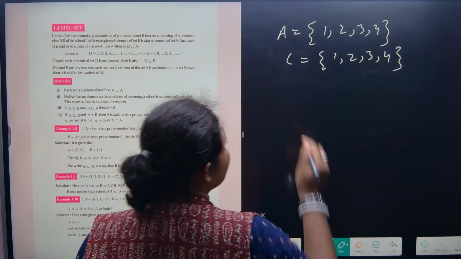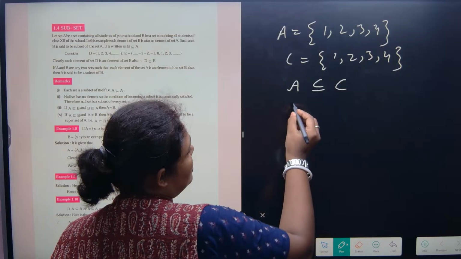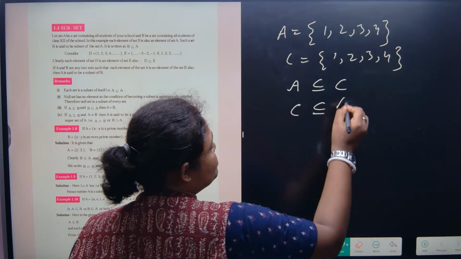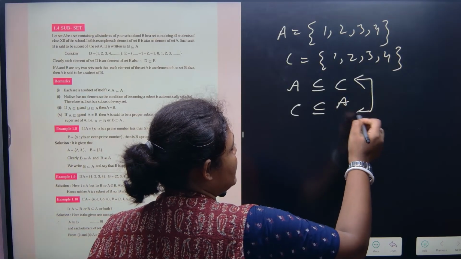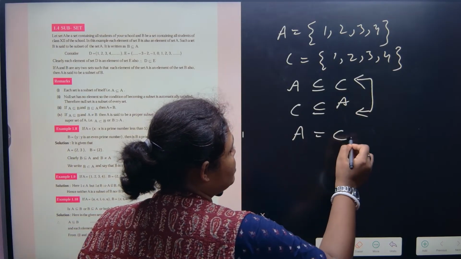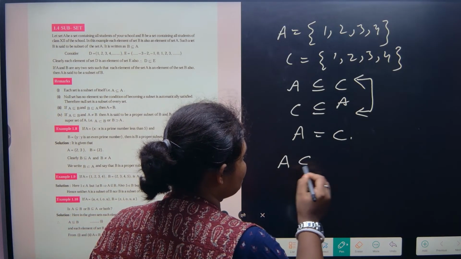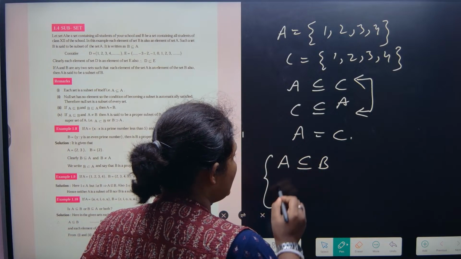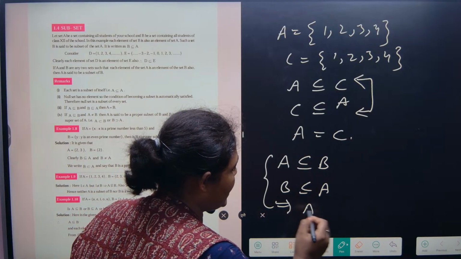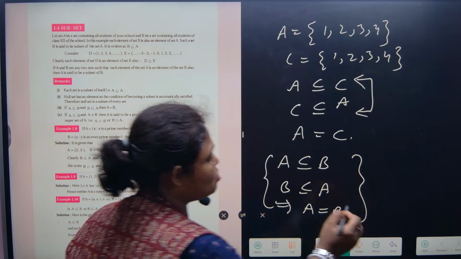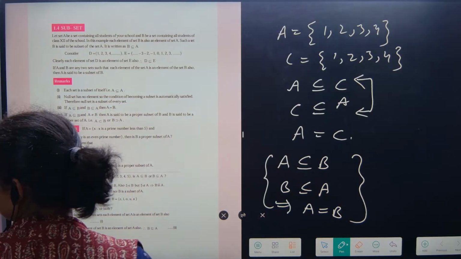So A is a subset of C, since they are equal. Again we can write C is a subset of A, right? If these two things happen, then we can write A equals C. Done. So if A is a subset of B, and again B is a subset of A, these two conditions imply A and B, these two sets are equal. Okay, so this is the third point.